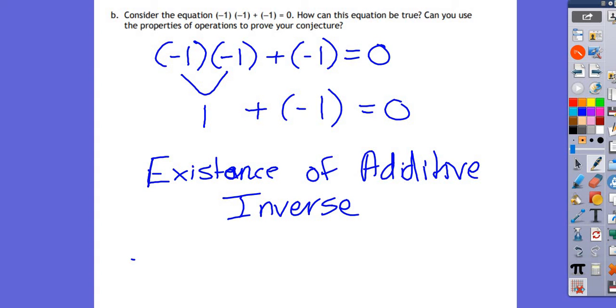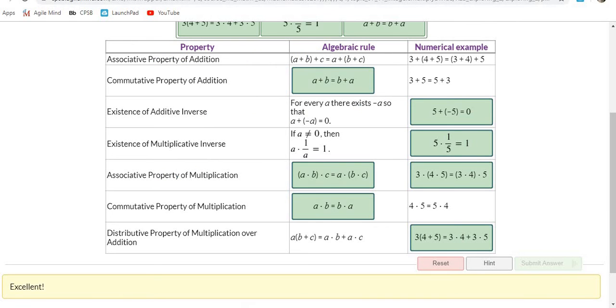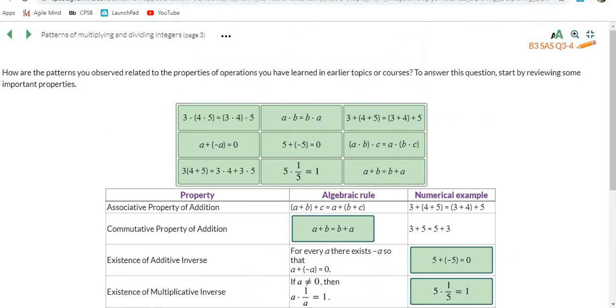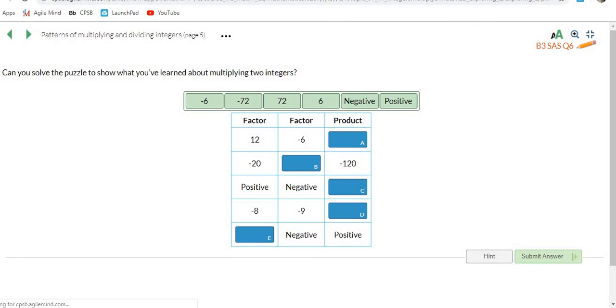All right, number 6. Let's see. Looks like this, and we need to fill in the chart using what we have learned today.